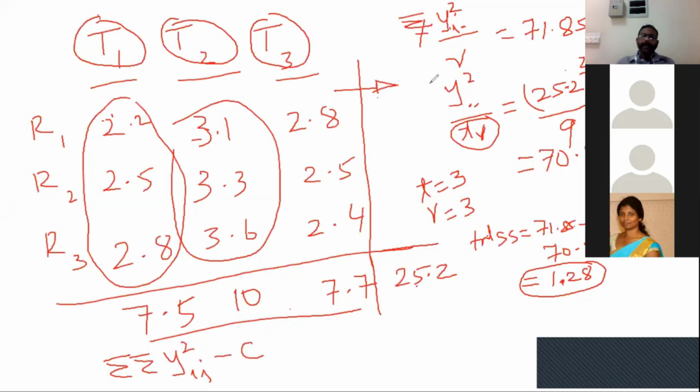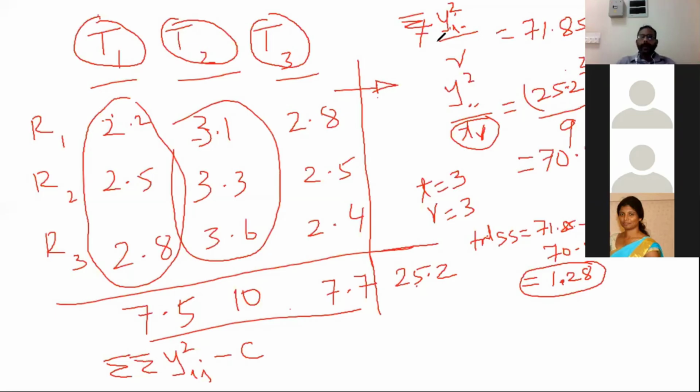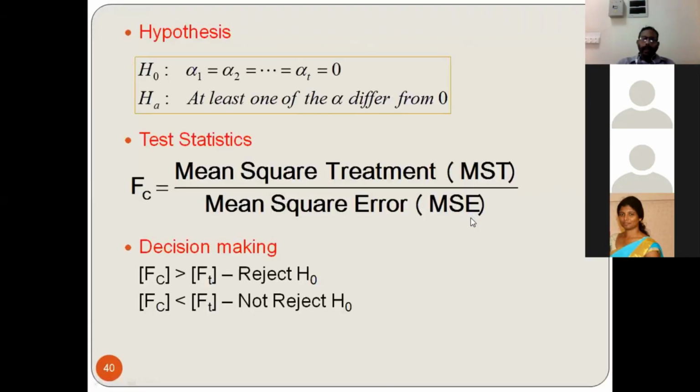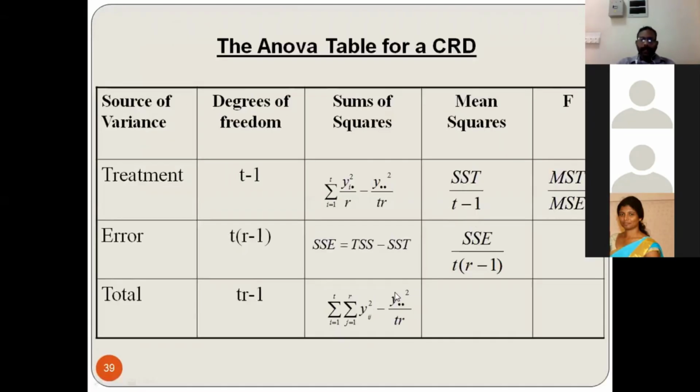If you look back, you see, this is the formula that we are going to apply.